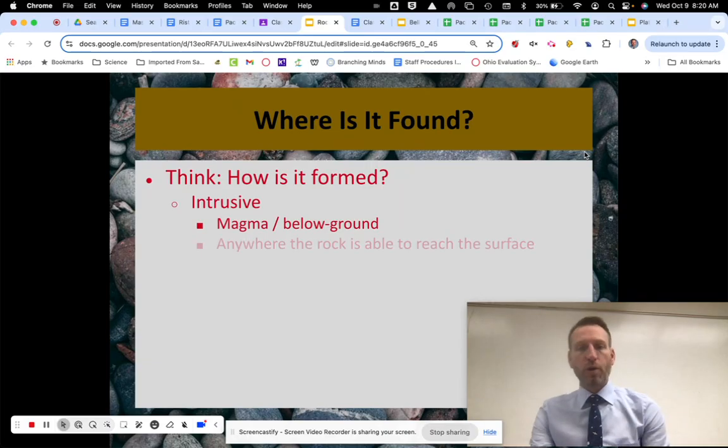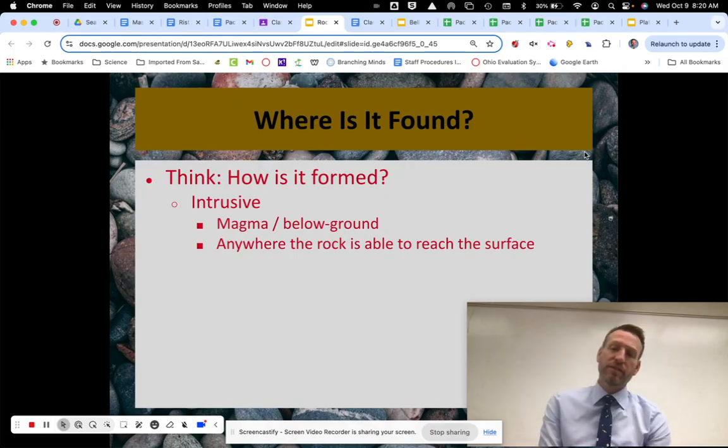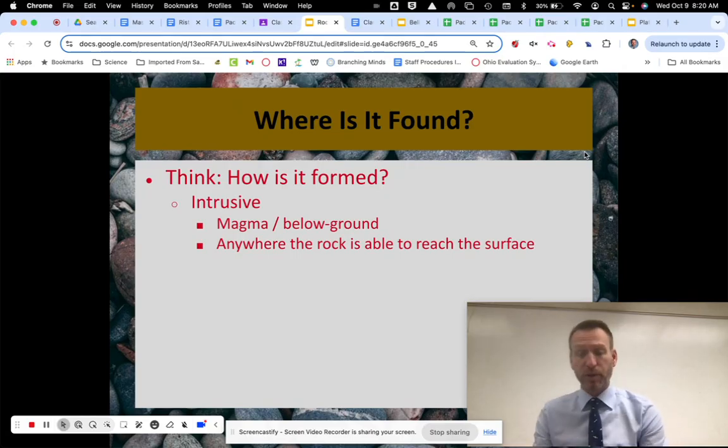Because it forms below the ground, it's a very common rock in the crust of the earth, which is the first layer beneath the soil and water that we have. So we can find intrusive igneous rocks anywhere. In fact, we can find granite all over Ohio and Cleveland and Beechwood and basically everywhere, as long as it's able to reach the surface.